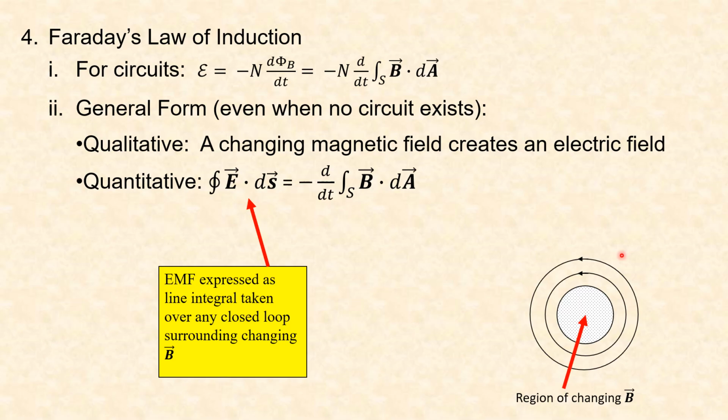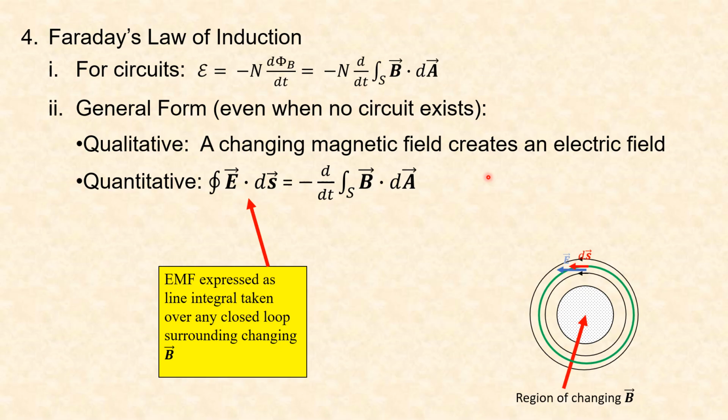So for example, in this picture I'm showing you right here, where we have this circular electric field created, if I was to choose this green closed path, then you would need to know what the electric field looks like at any given point along that path, and what that infinitesimal displacement vector ds looks like. You would need to know those two things in order to evaluate that line integral.